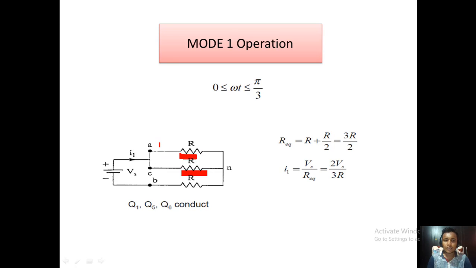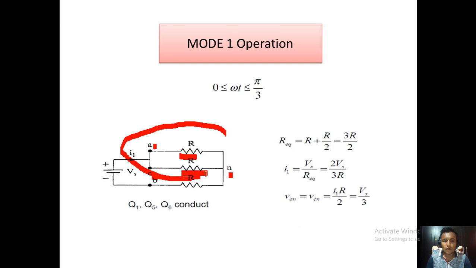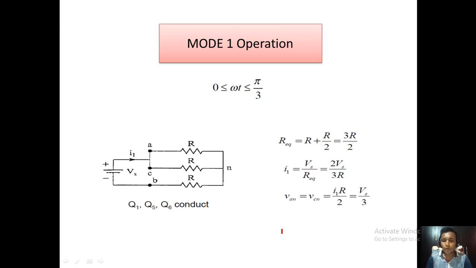So we can write VAN is equal to VCN is equal to I1 into the equivalent resistance of this combination, that is R by 2. So I1 into R by 2 is Vs by 3. VAN is equal to VCN is equal to Vs by 3.